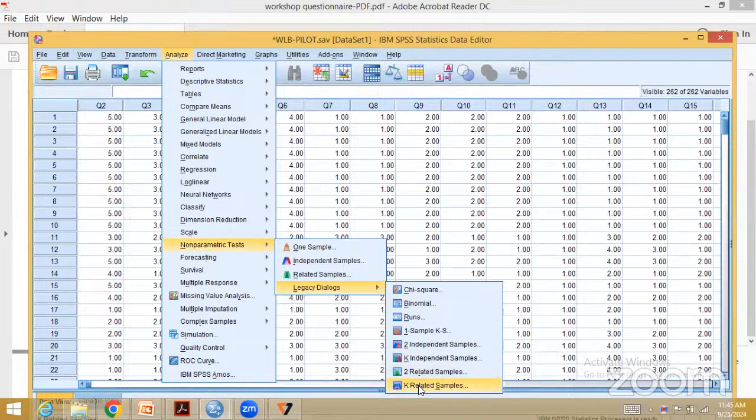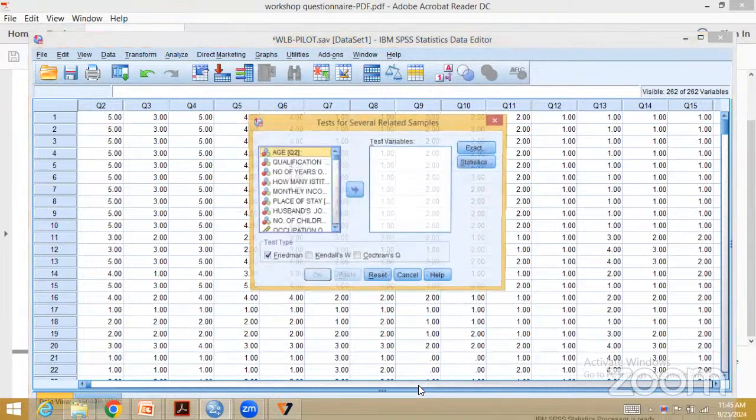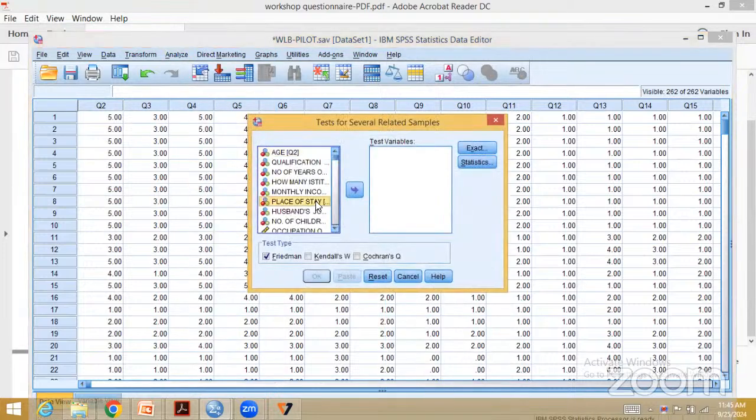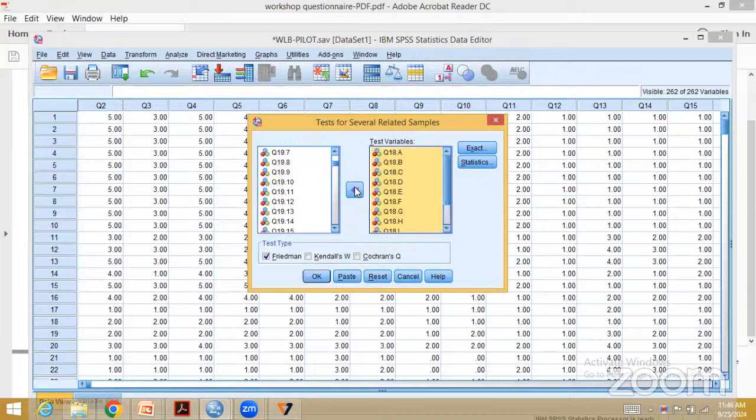That means we have 12 variables, n number of variables. And what are the questions? Question number 18.A, that means 18.1 to 18.L. That means 12 variables. We take all the 12 reasons as a bundle and put them into this box.